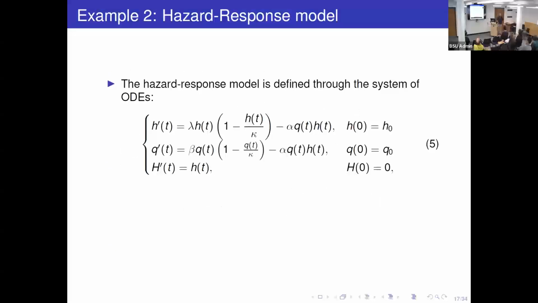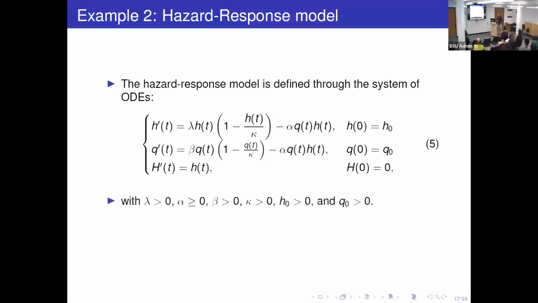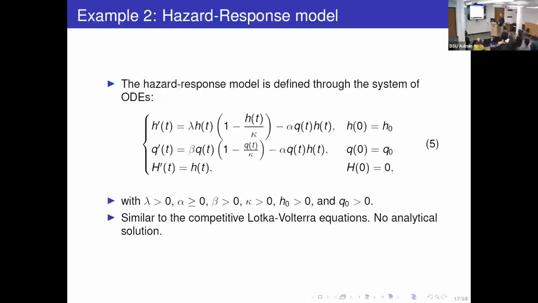Okay, so the second example is what we call the hazard response model. This is an adaptation of the popular Lotka-Volterra equations. Basically, what we have here is, if there is no competition, the hazard function is growing using a logistic growth.